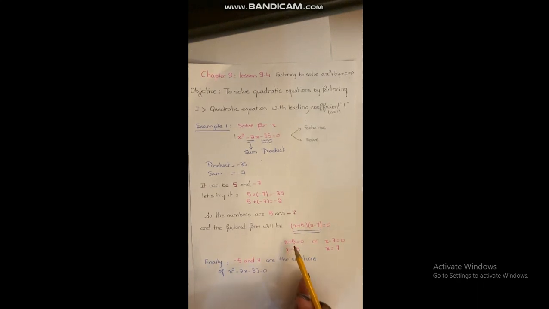So we take x plus 5 equal to 0 or x minus 7 equal to 0. By solving these two equations, we get x equal -5 and x equal 7. So the final solutions are -5 and 7.